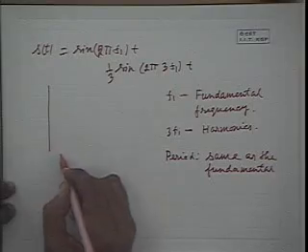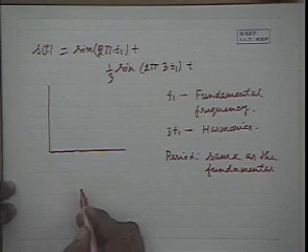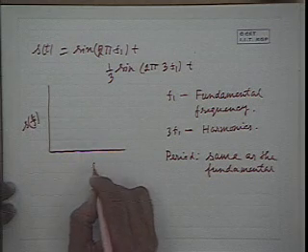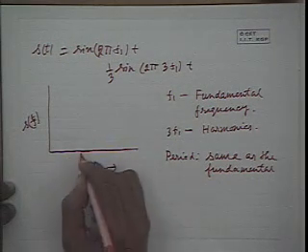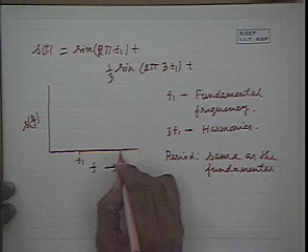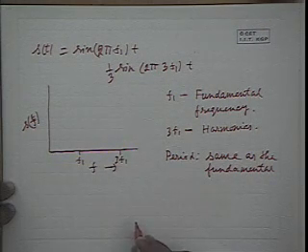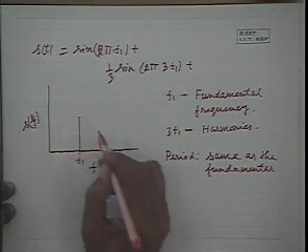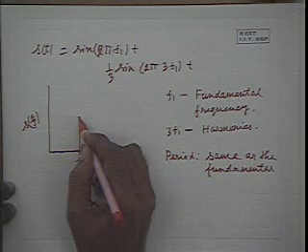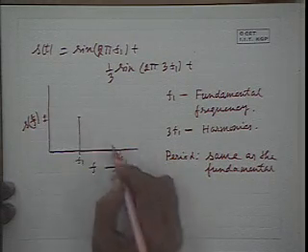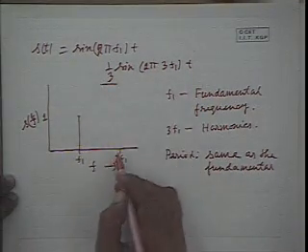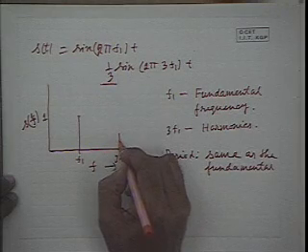Now, how do you represent this in frequency domain? This is S(f), and here it is f. This is f1, and this is 3f1, let's assume. So f1 has an intensity or amplitude of, say, 1, and the relative amplitude of the third harmonic is 1/3, so this one.